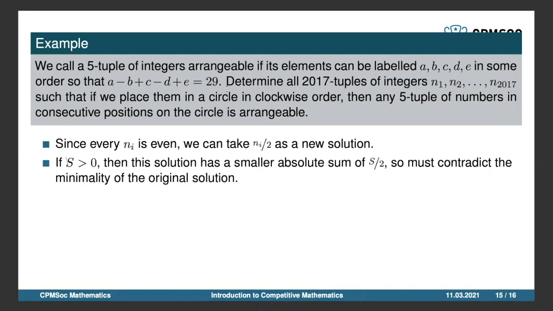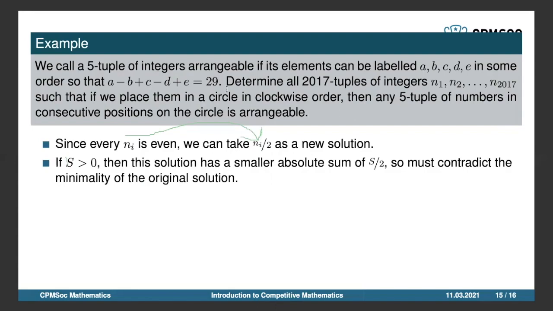But now, remember from any solution, we can divide every number by 2 to get a new solution. In this new solution, the absolute value of every number will be divided by 2, so the sum of the absolute values will be divided by 2.